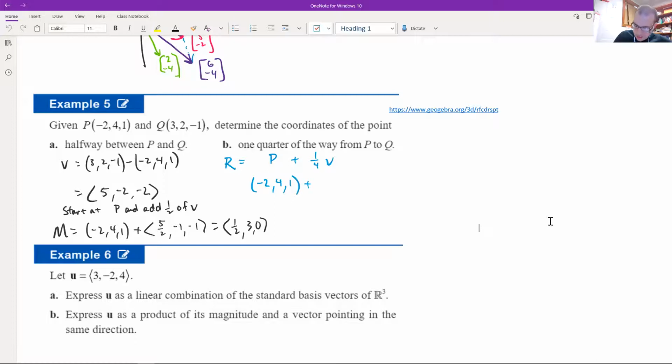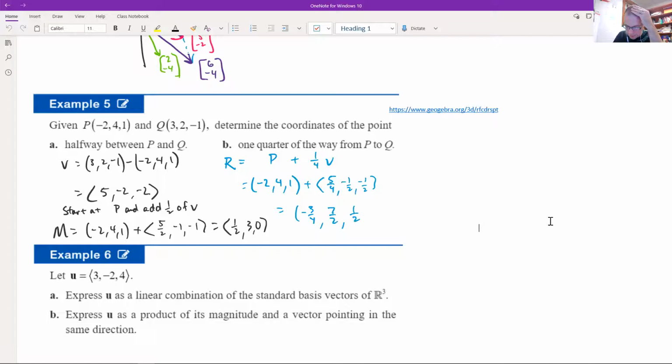So we've got P there, and 1/4 of v would look like 5/4, -1/2, and -1/2. So that would become -3/4, 3.5. So 7 halves. I don't know why I'm going all fractions, but I am.